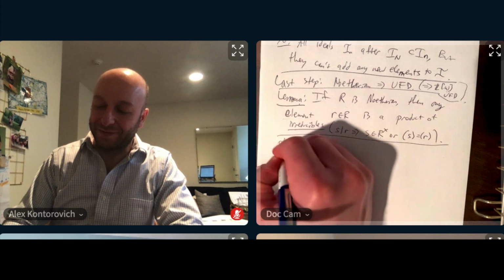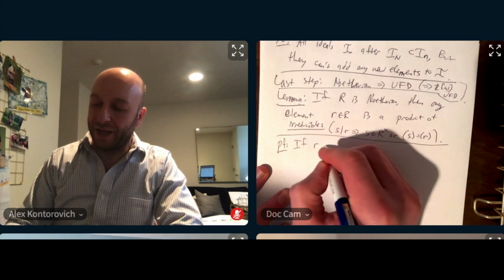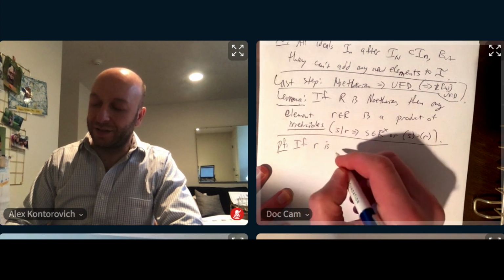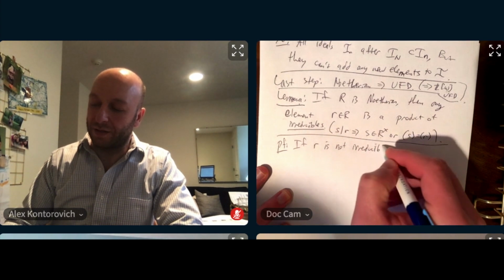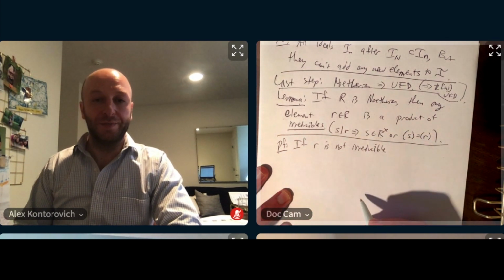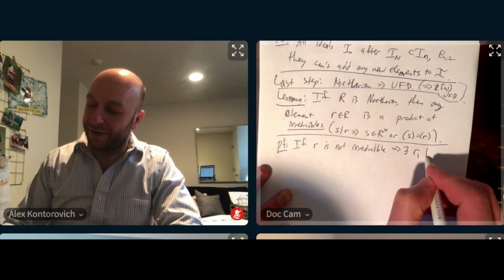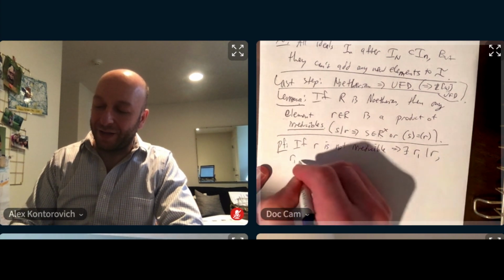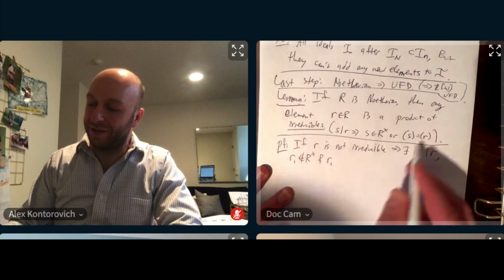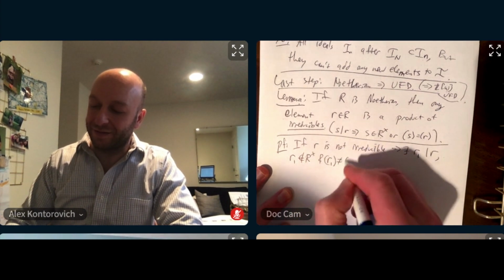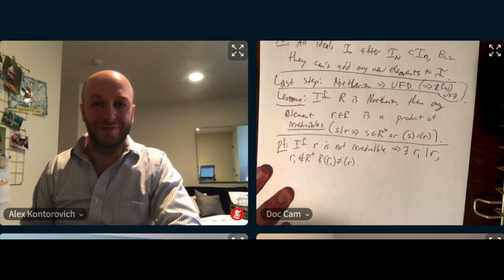So let's prove this. If R is not irreducible, then there exists an R1 dividing R, where R1 is not a unit and the ideal generated by R1 is not the ideal generated by R. Okay?